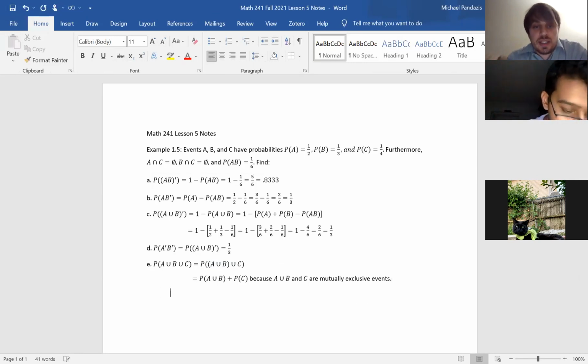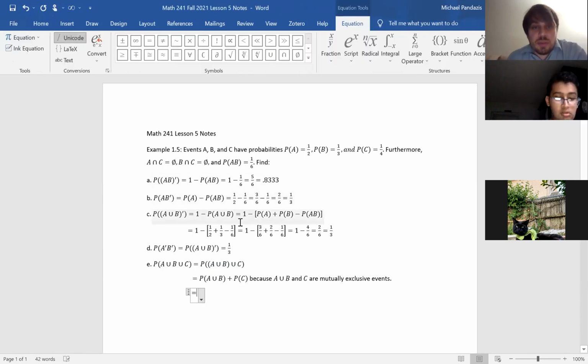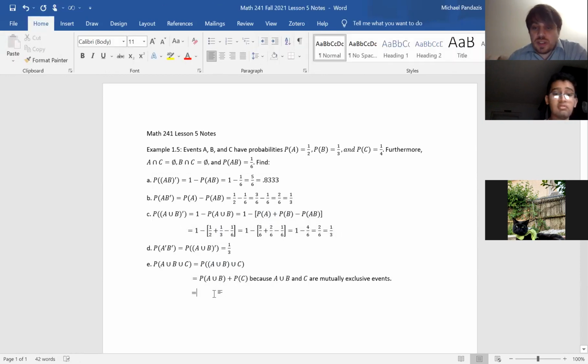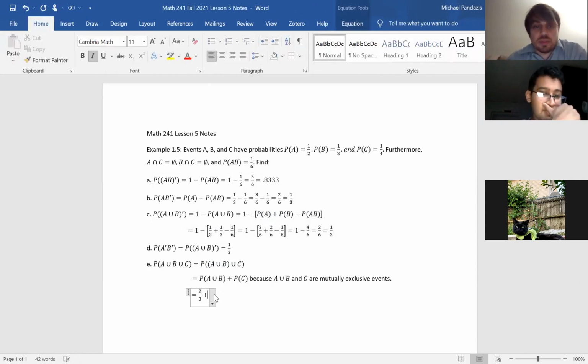Okay, so then we know the probabilities of A union B and C. The probability of A union B was in the bracket here. It was the 4/6 that I calculated here. That was 4/6 or 2/3. So this is equal to 2/3 plus the probability of C. The probability of C is 1/4.